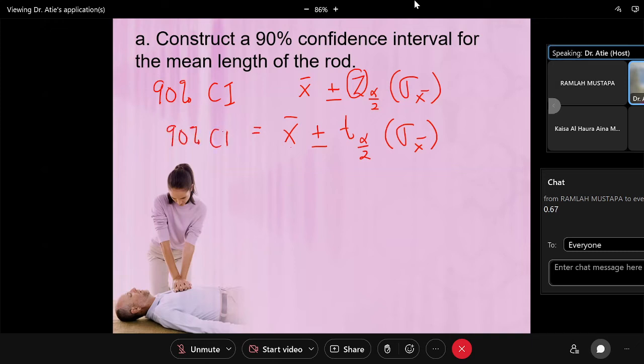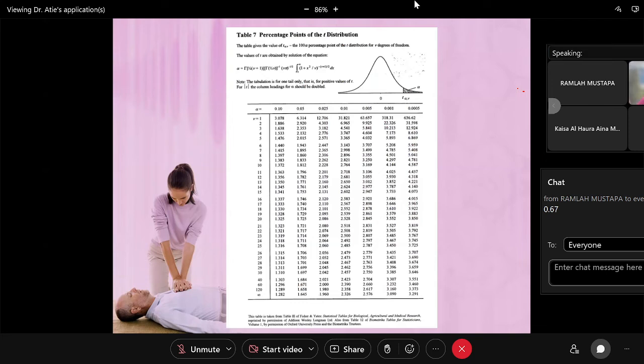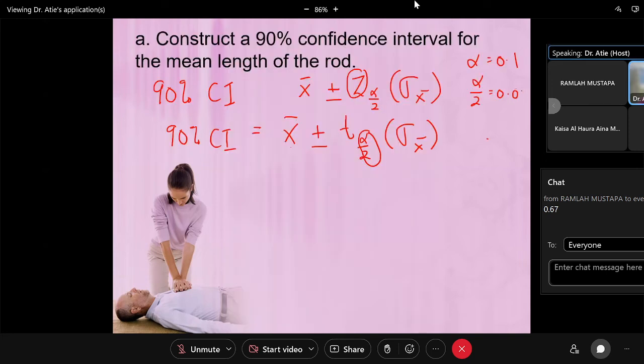Now the problem is we need to know, because of this alpha divided by 2, our alpha here is actually 0.1. So alpha divided by 2 is 0.05.